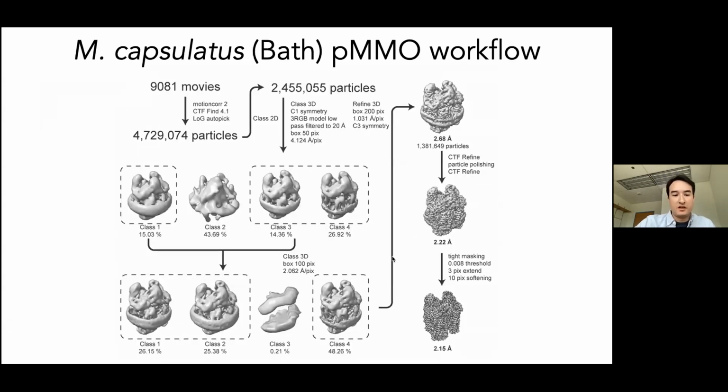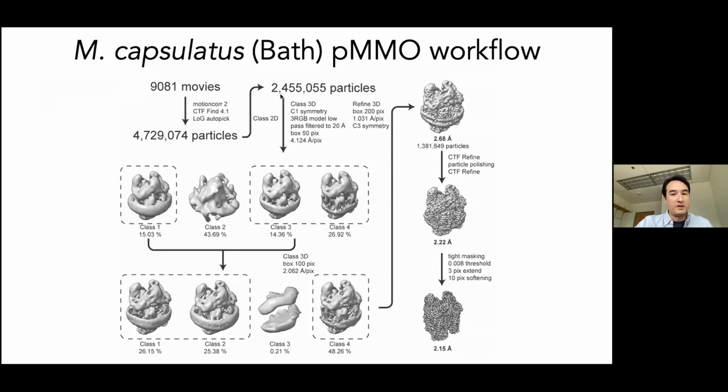So here is the data processing workflow that I chose to use with Relion. Starting with about 9,000 movies, I used a pretty inclusive picking regime to get about 4.5 million particles. I then used steps of 2D and 3D classification to get rid of noise.